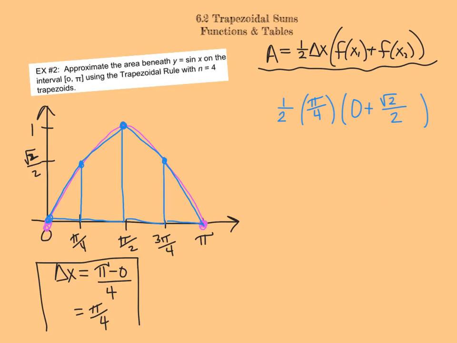Okay, our next one is 1/2. Again, our delta x, which is pi over 4. That's the distance between here and here. And then what are our heights? Well, this one's root 2 over 2. It's the height we've already used. And then this one's 1.